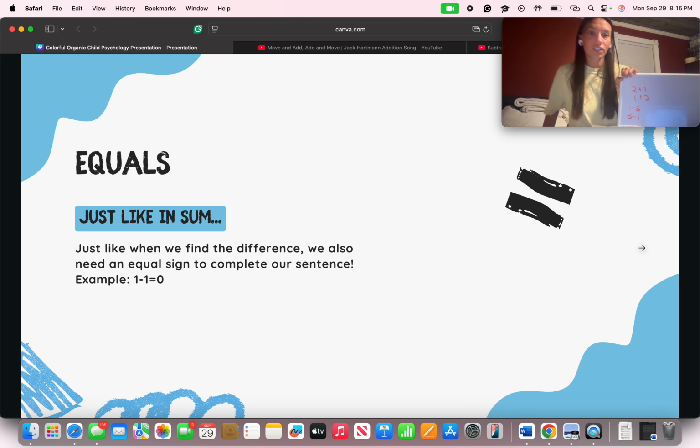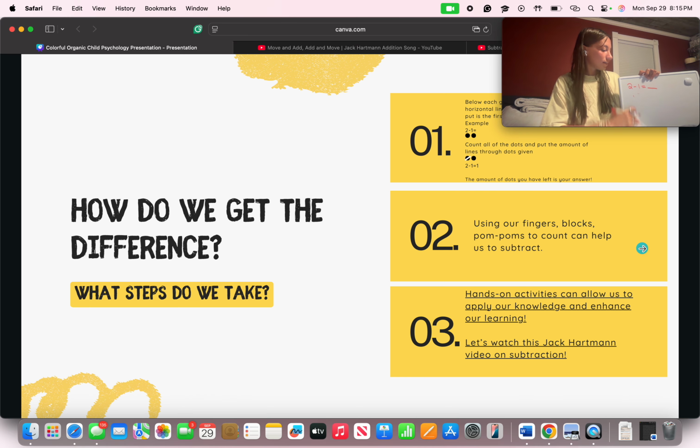And just like for addition, we need an equal sign. So when we find the difference, we need to put an equal sign to complete our sentence. So 2 minus 1 equals. How do we find the difference, and what steps would we need to take?